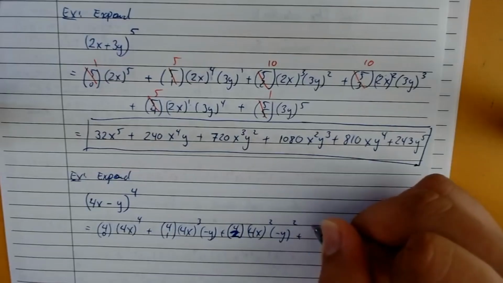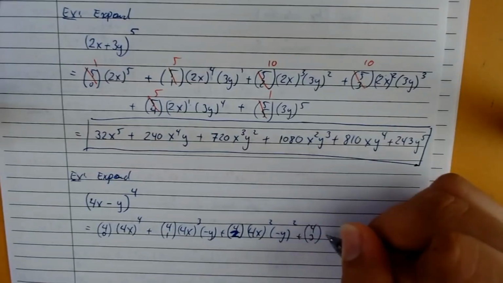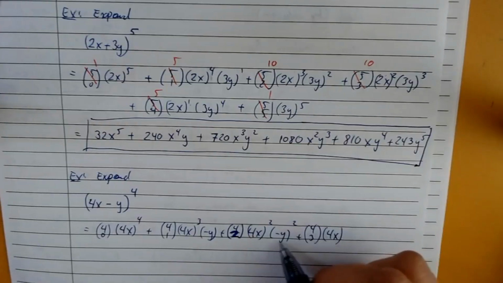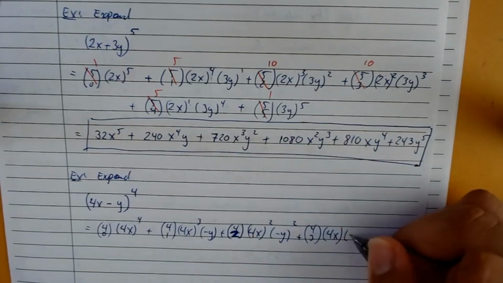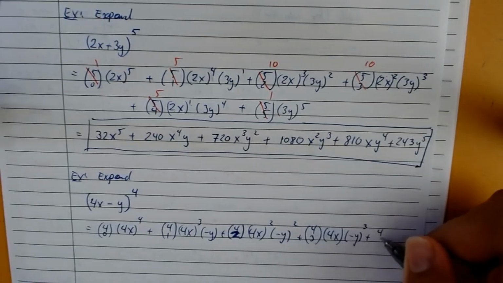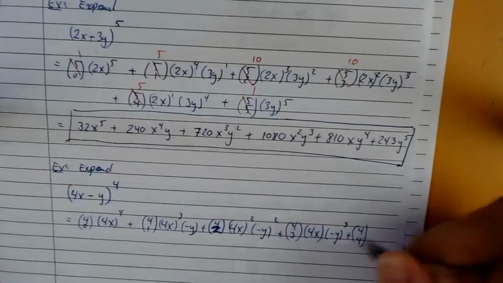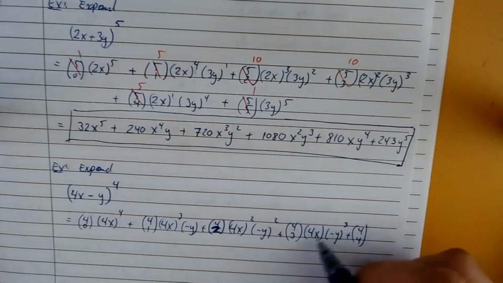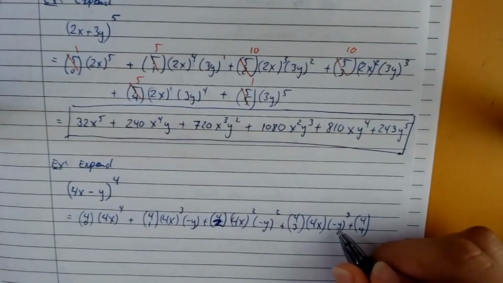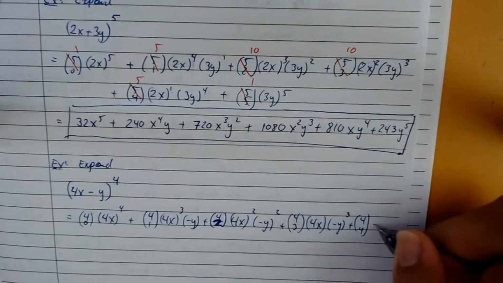Next one will be 4 choose 3, times 4x to the power 1, or you can just say 4x. And this negative y now has a power 3. And finally, we have 4 choose 4. This one has now completely lost power, so it's just 1. So we don't need to write it. And now you have your negative y to the 4th power.